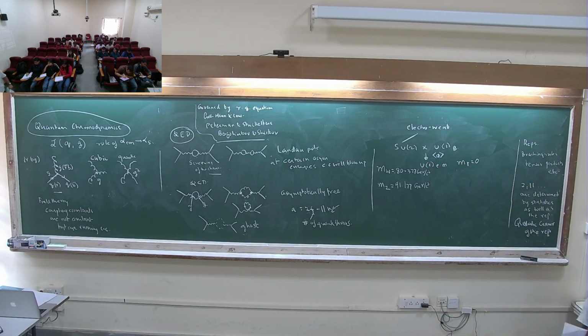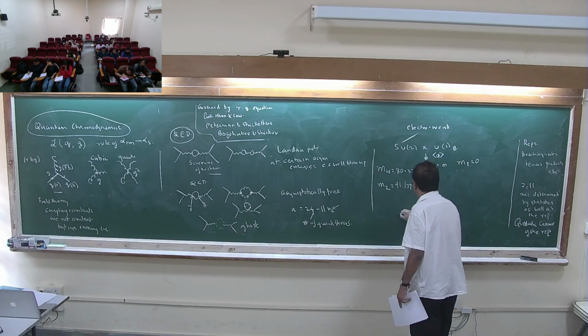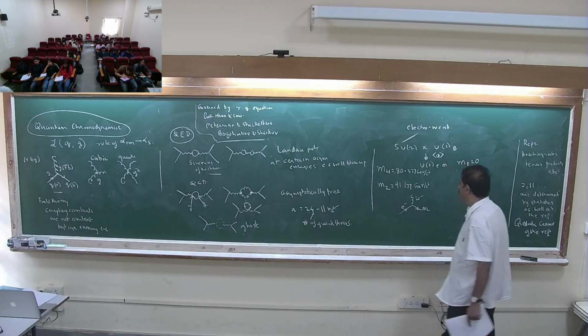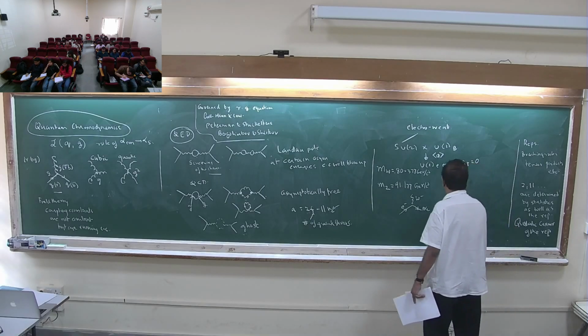So then we need to write down the vertices of the electroweak part of the theory. So what will happen? An electron comes in and then turns into a neutrino like this, emitting a W minus. Anything else? What about a quark?